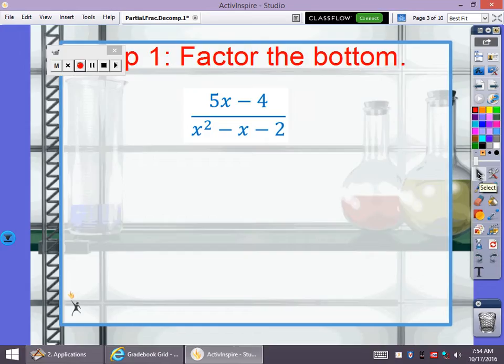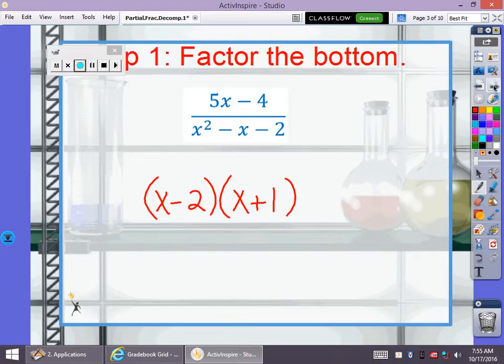Well, technically, you could say 2 because you could flip-flop the order, but there's only one that will work if you ignore the order. Okay, so what did you factor the bottom to be? X minus 2 and x plus 1. Everyone good with that? Okay.